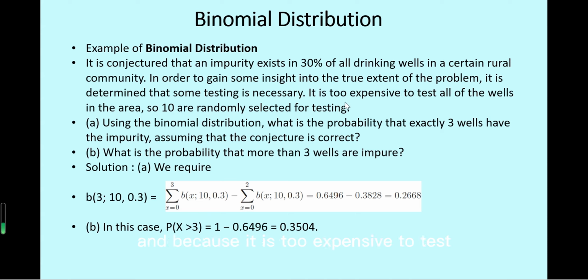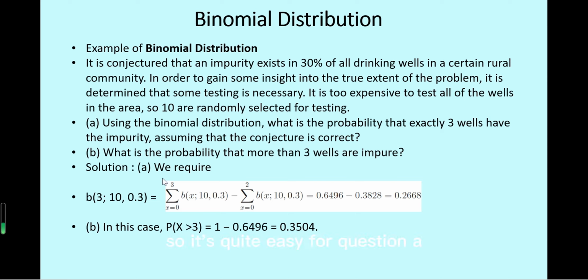Because it is too expensive to test all of the wells in the area, 10 are randomly selected for testing. Question A: using the binomial distribution, what is the probability that exactly 3 wells have the impurity, assuming that the conjecture is correct? And question B: what is the probability that more than 3 wells are impure?